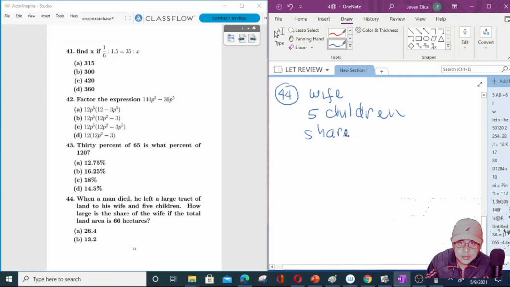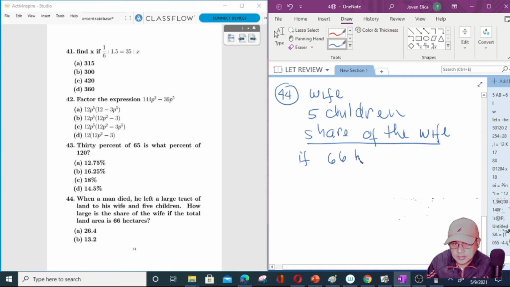So that is the question: what is the share of the wife given that the total land area is 66 hectares?